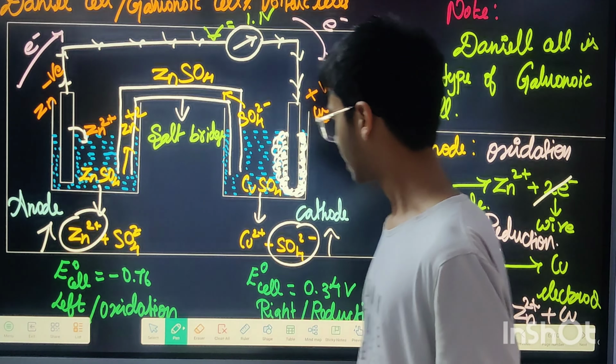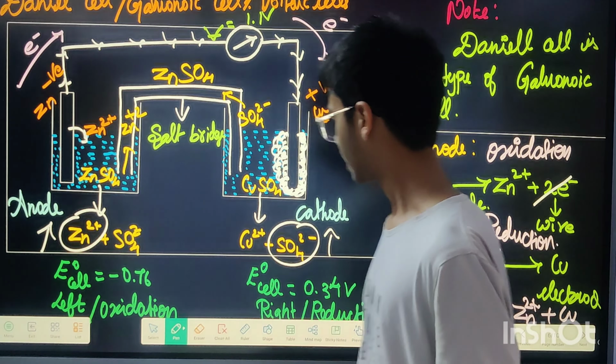So in anode the reaction is going to be H2 gas, which is in gaseous state at 1 atm. Oxidation will be there, so it will become 2H plus in aqueous state at 1 molarity, plus 2e minus.